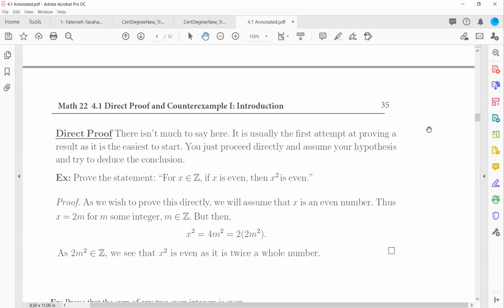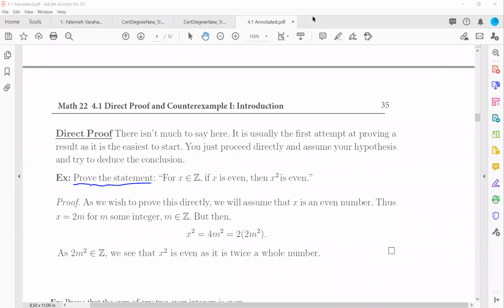For example, prove this statement for all integers: if that integer is even, then its square is also even. How do we prove that? To prove this statement, we have to use the definition of even numbers.